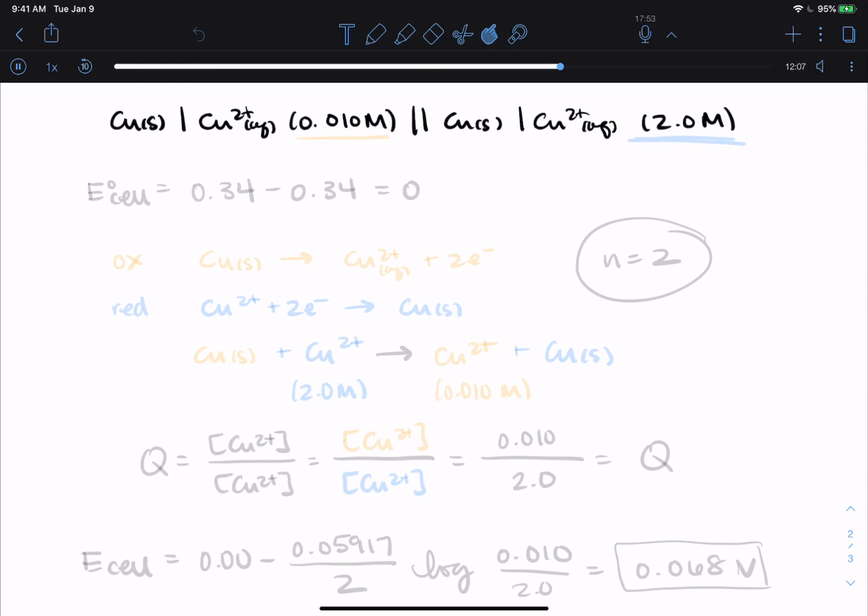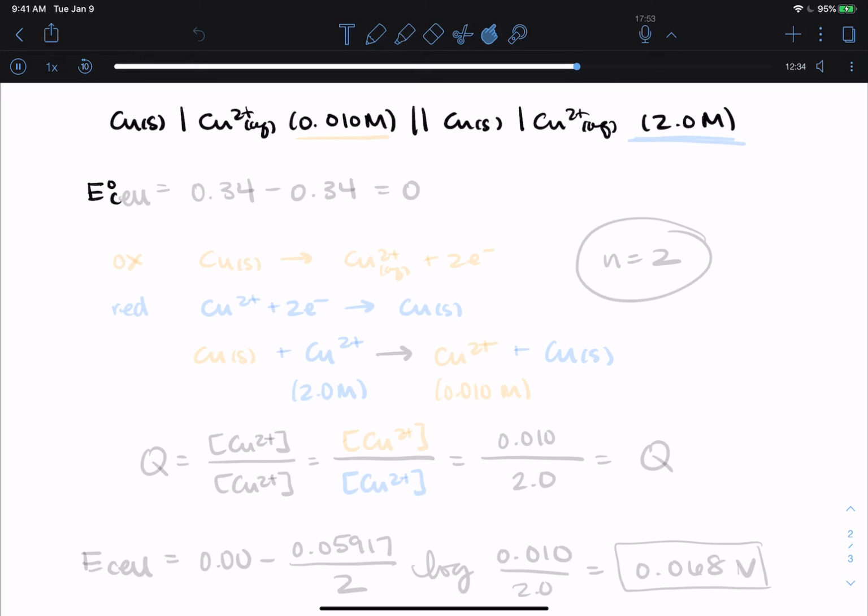All right, so copper and copper 2+ on both sides, and to better illustrate that it's non-standard conditions, I have the actual concentrations listed in my cell notation. At the anode side, I have copper and copper 2+. At the cathode side, I have copper and copper 2+.